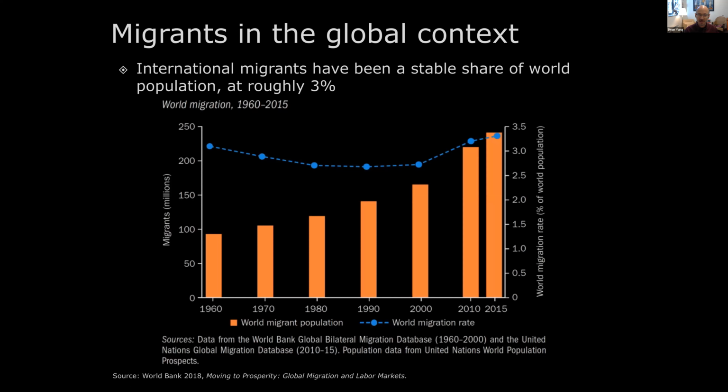This has been relatively stable since the UN has been reporting these data since the 1960s. The absolute number of migrants on the planet has been rising with world population from about 100 million in 1960 to more than 200 million in the recent decade. So substantial numbers of people on the planet are living outside their countries of birth, are international migrants.